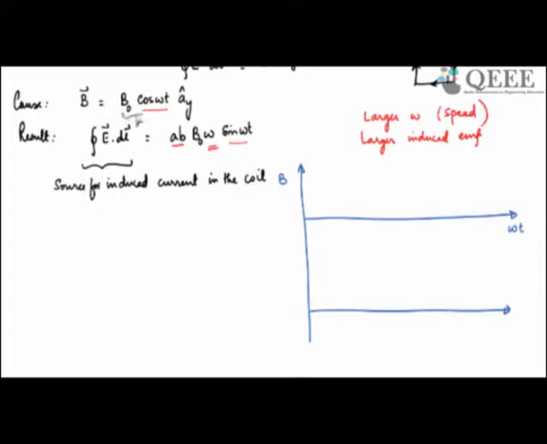So, if I plot this quantity B naught cos omega t, at omega t equal to 0, obviously it is at B naught, the largest value. At omega t equal to pi by 2, it is going to cross through 0. At omega t equal to pi, it is going to pick the negative maximum.